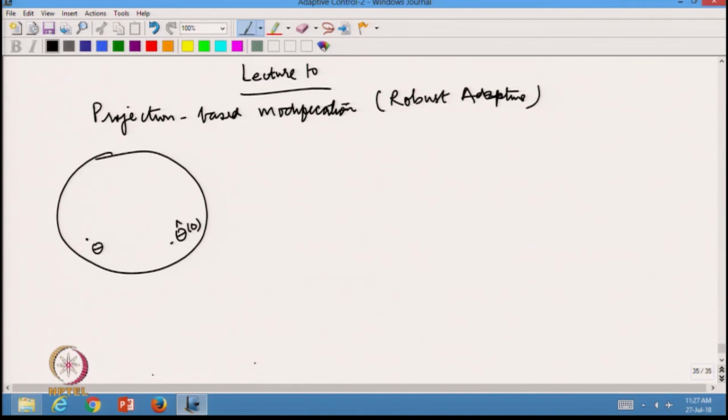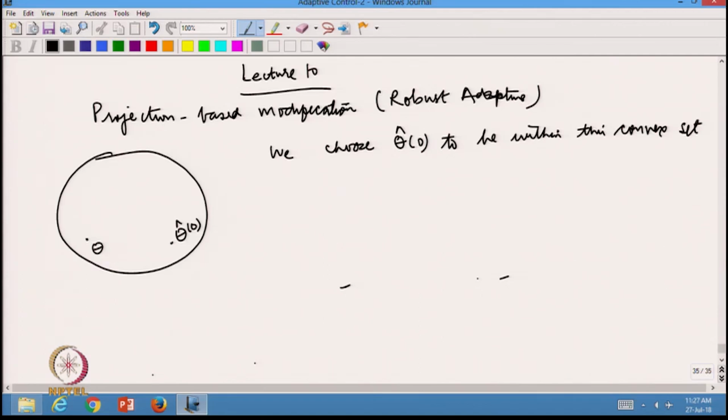And so, we choose at initial time say t equal to 0, we choose theta hat of 0 to be within this convex set in which the unknown parameter theta lies.